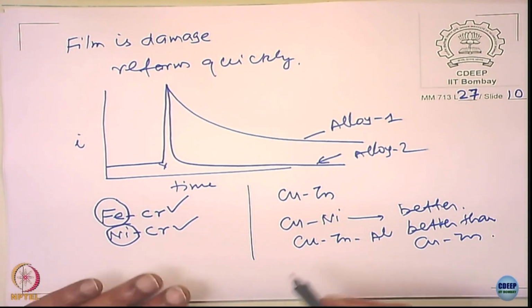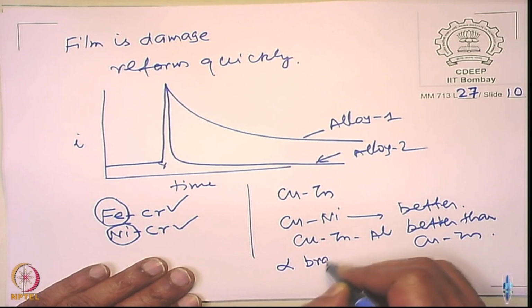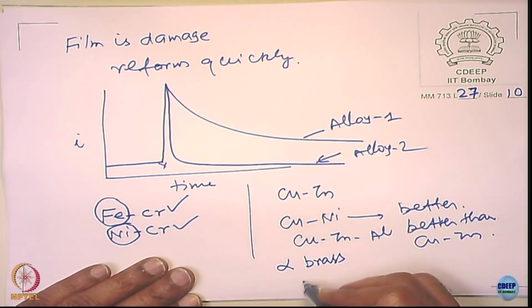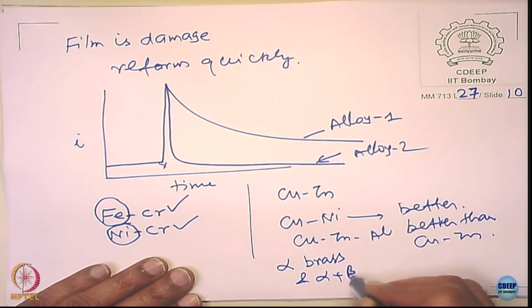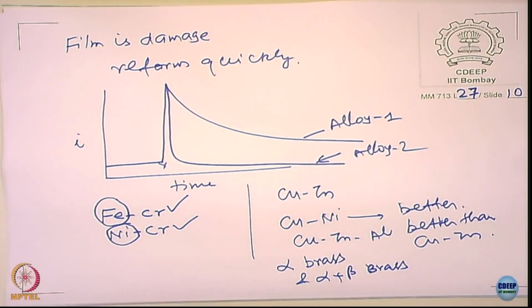Now let us take the case of alpha brass and alpha plus beta brass. Which one do you think will be better in terms of erosion corrosion damage? Alpha plus beta brass. Alpha beta will be better.